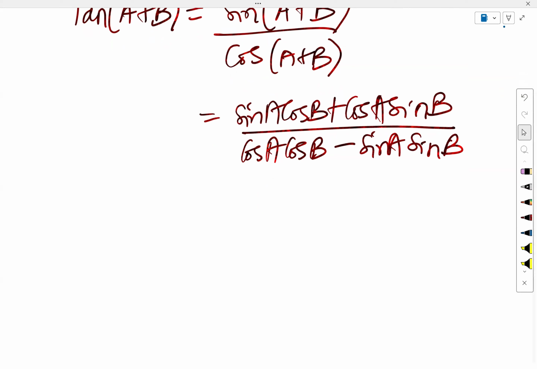And the way to do that is to divide by this expression, cos A cos B. That is the only one that will guarantee you having at least a constant number or tan somewhere.